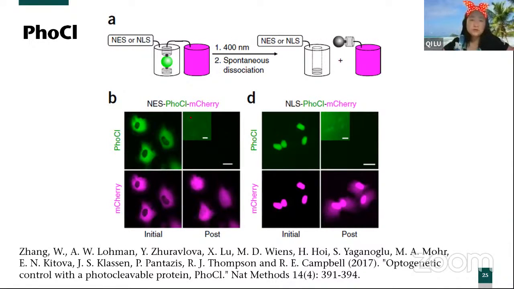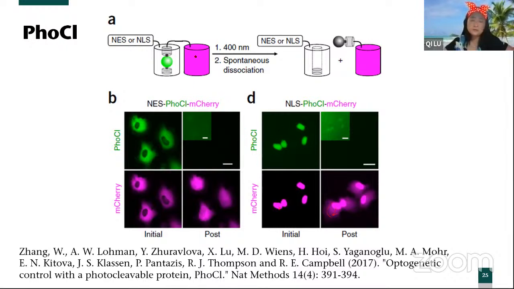So for these functions, with shedding the light, you can control some part with this nuclear export sequence or nuclear localization sequence, and those two will be separated. These two being separated will cause the proteins that are located only within the cells, after shedding the light, to come out into the cytosol.